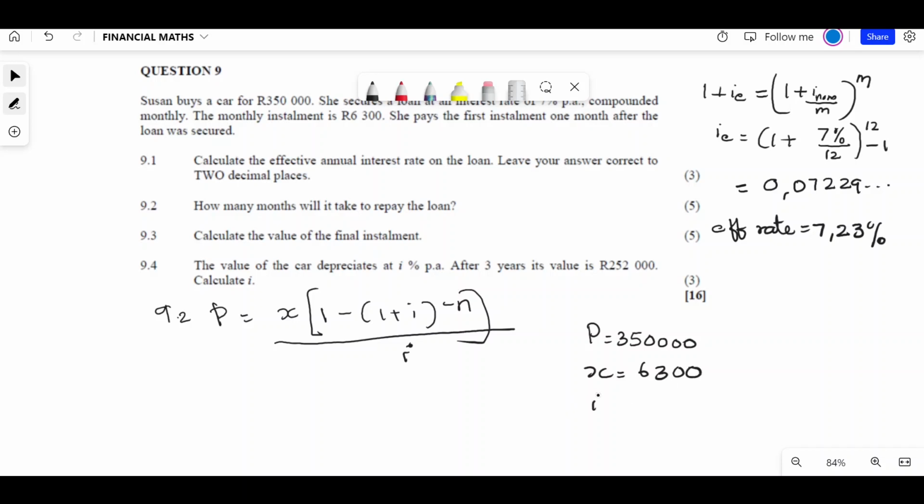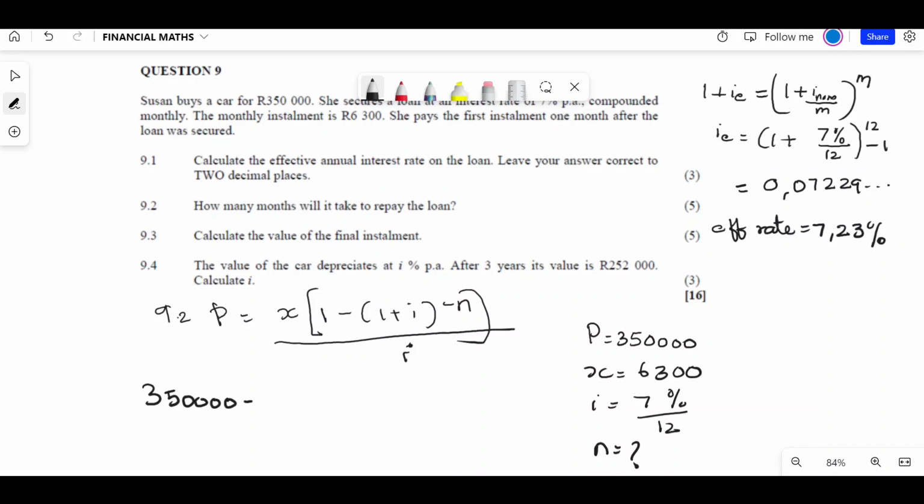The interest rate is also available, it's 7% compounded monthly. Now what is not there is the n, the number of payments, or how many months it will take to repay the loan.